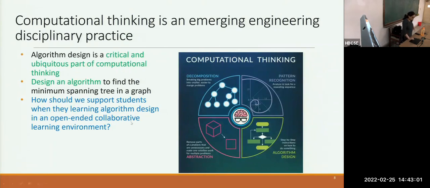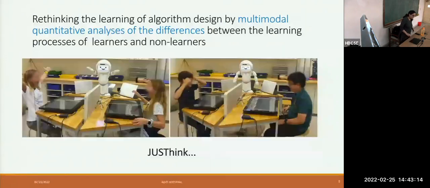So the question that we were addressing in this work was how can we support students when they are learning algorithm design? And here's what we did to go about systematically exploring this. Just to remind you of the activity that we were doing yesterday, this is the QT robot.